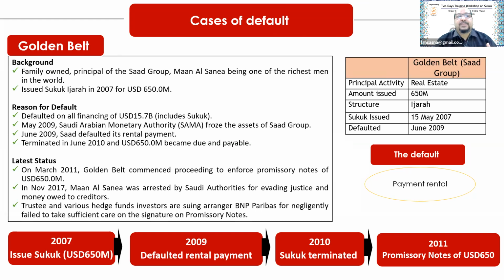So this family has a real estate business, meaning they have properties. This is why they chose Ijara. It is in line with their business portfolio. Of course, they defaulted on financing of 15.7 billion, which included Sukuk.